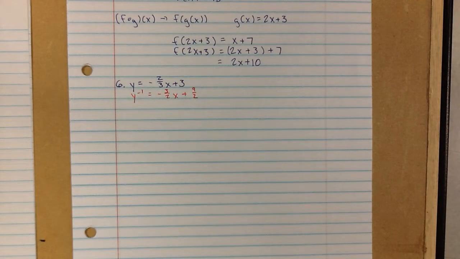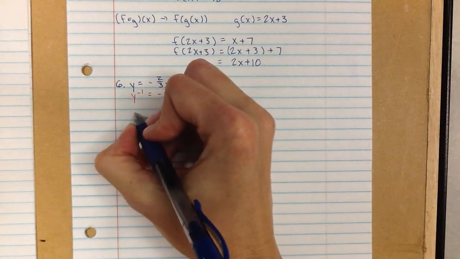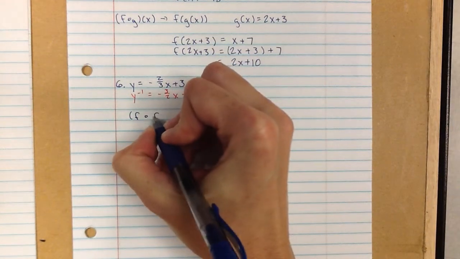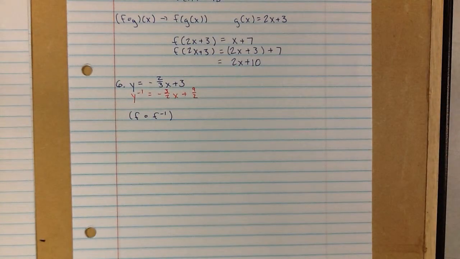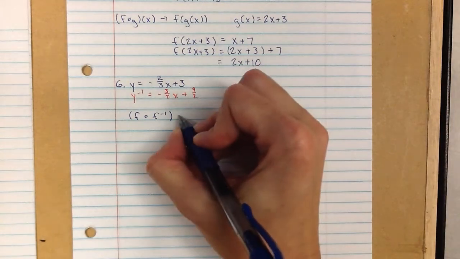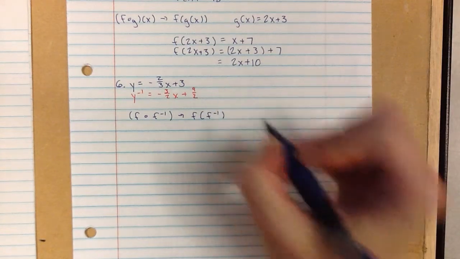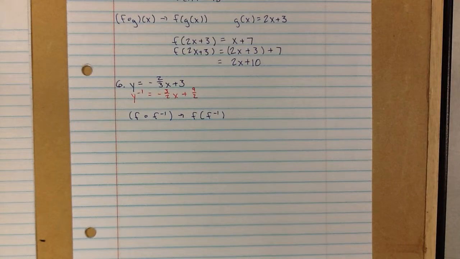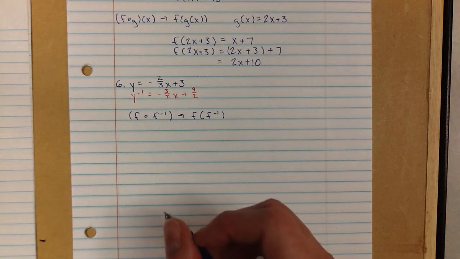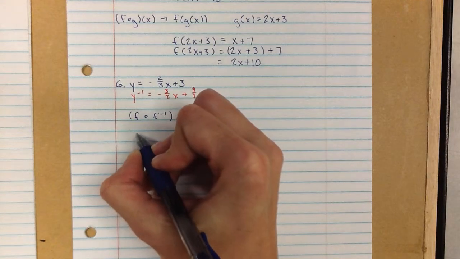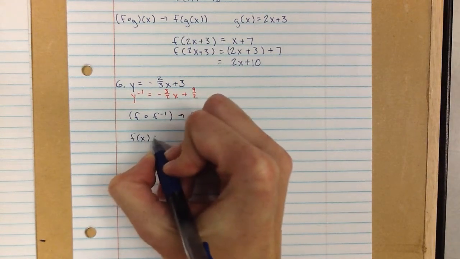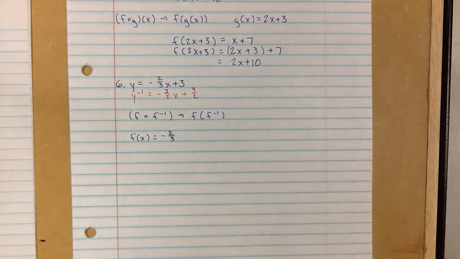Okay, so what I'm going to do is plug the inverse into the original. That means I'm going to go f of f inverse. So my original, what am I going to put in for x if we're doing the inverse?